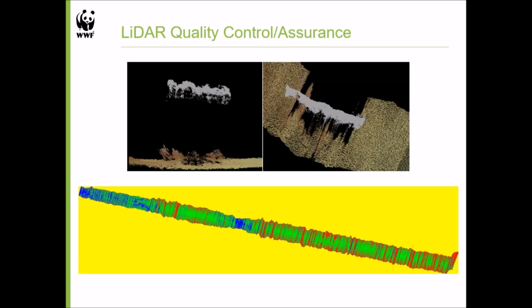Those are some examples of problems with LiDAR clouds. In the first two pictures, the top pictures, you can see maybe a cloud that the plane passed over, and we have a lot of points that are very high, about 250 meters above the trees.